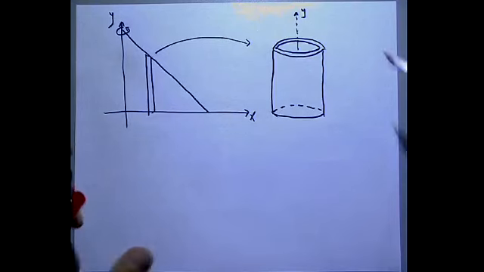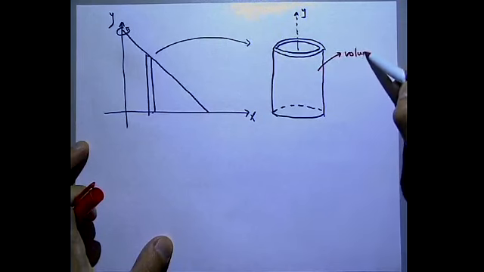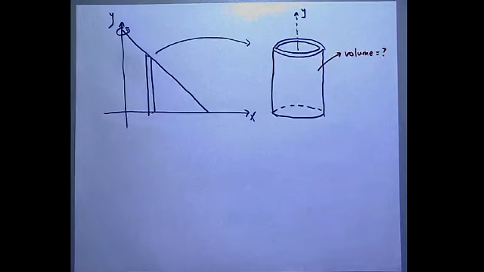Now we need a volume of this thing. There are several ways to calculate volume of this cylindrical shell. I'll show you one way that I think is intuitively the most clear way to do that.